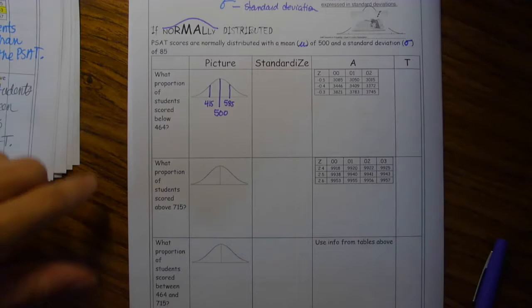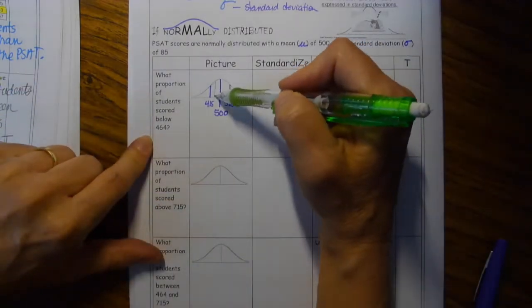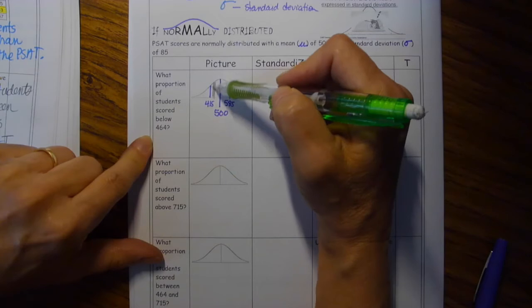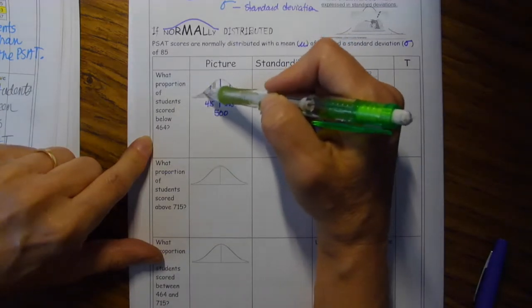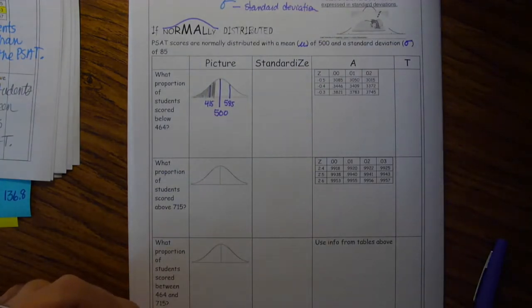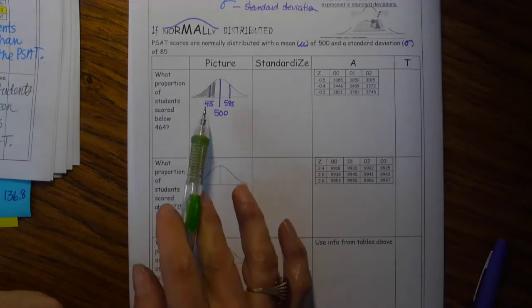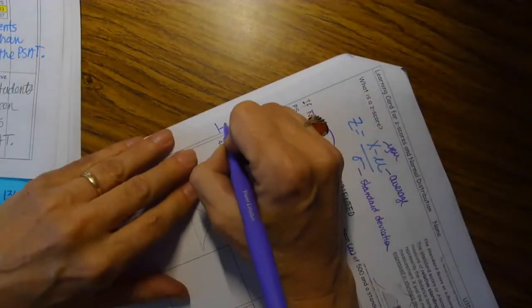So now we can clearly see where 464 would be, somewhere in here. If I wanted to know which proportion, meaning what percent of students score less, that's the left side. I'm going to write that down.